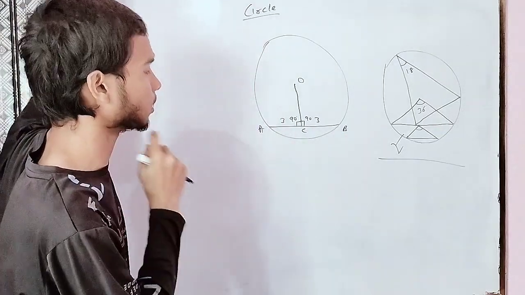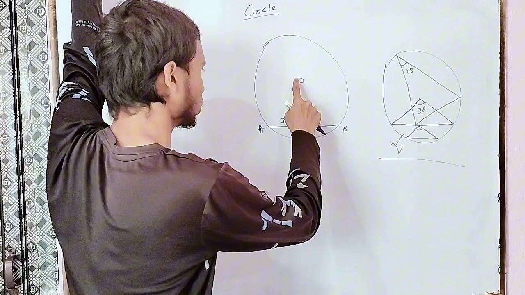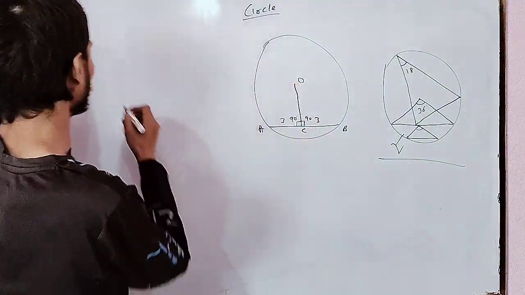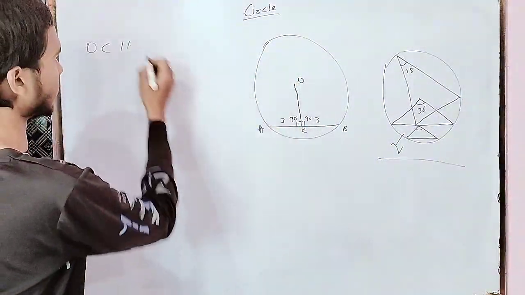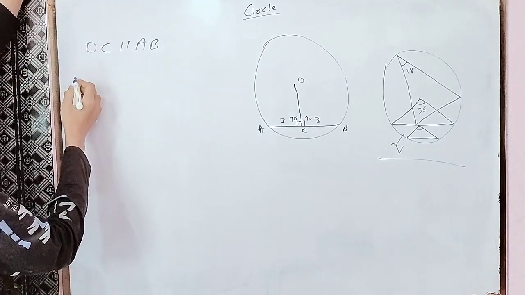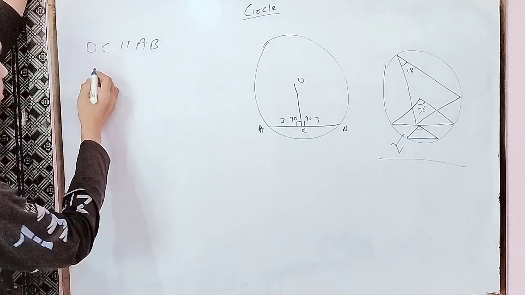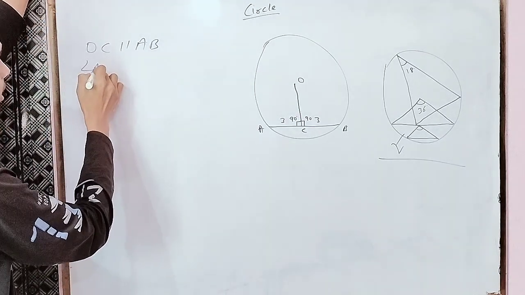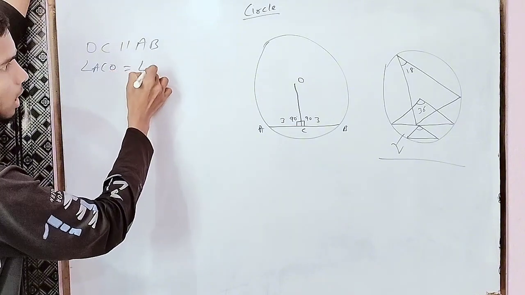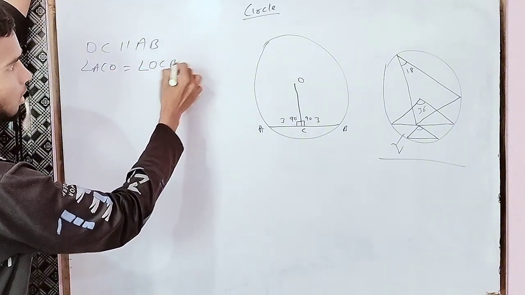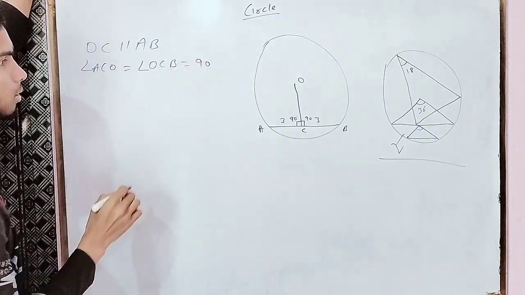It is a linear pair. You can see OC is perpendicular to AB. Here you can see angle ACO is equal to angle OCB, which is 90 degrees.